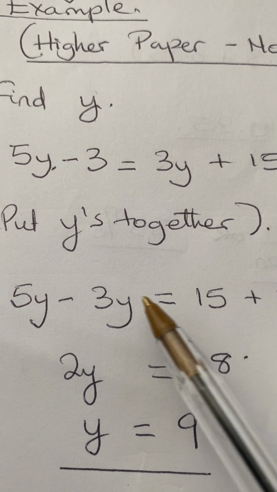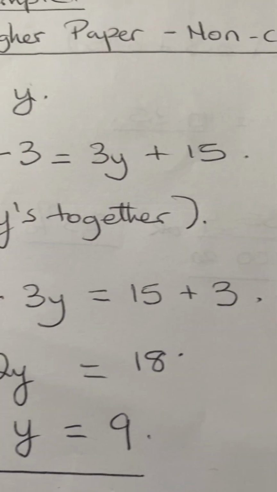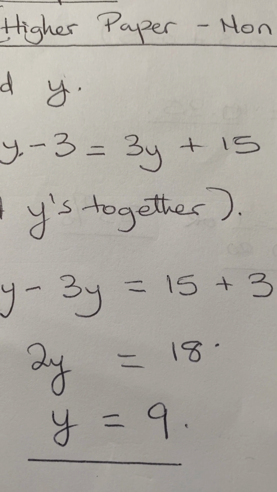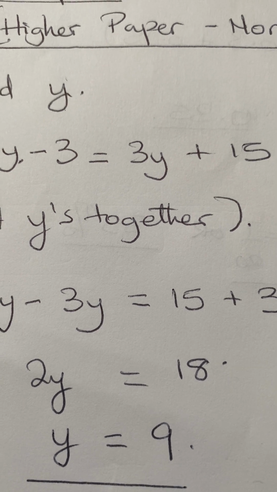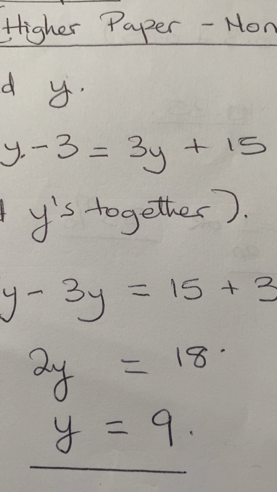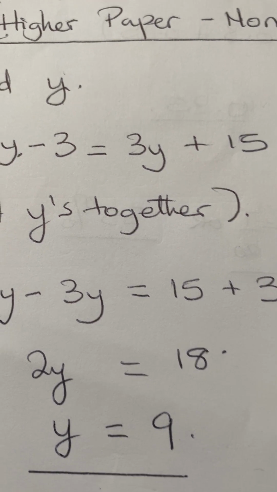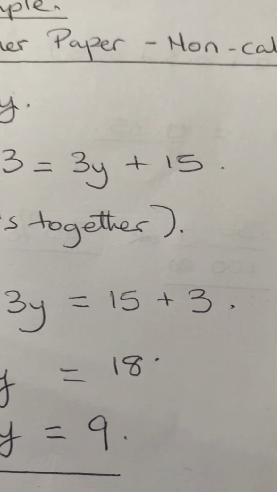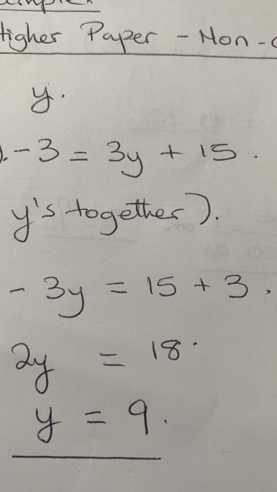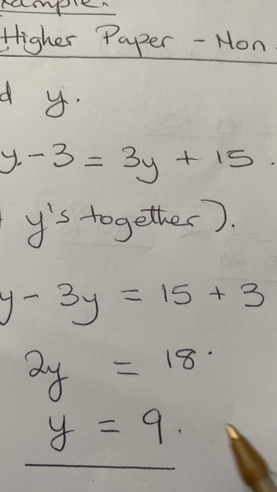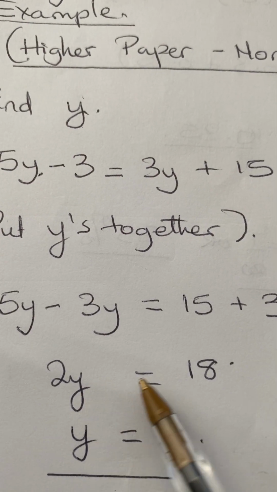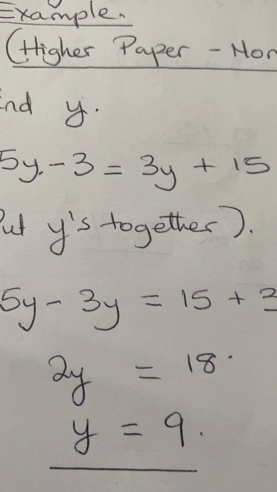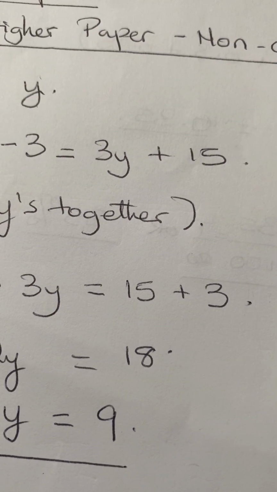So I'll have to equate them into 0 and then find the values of y using the quadratic equation, or using the direct method if I can find the factors, which we'll do very soon. So 2y equals 18, so y equals 9. Simple and short. Okay.